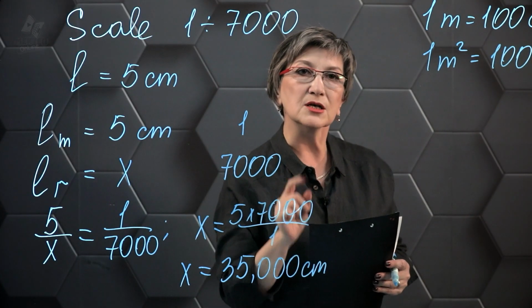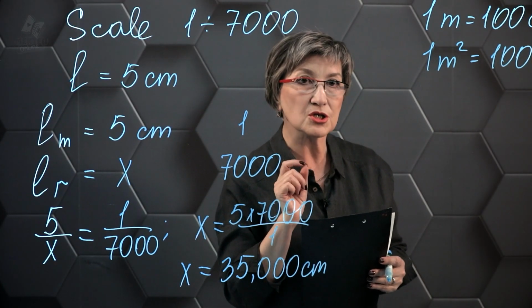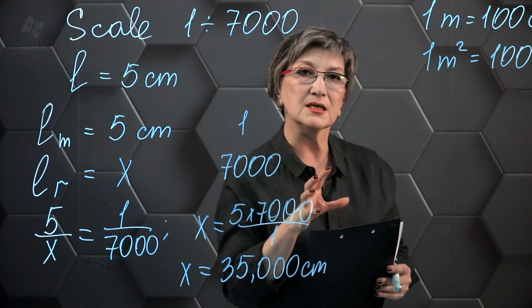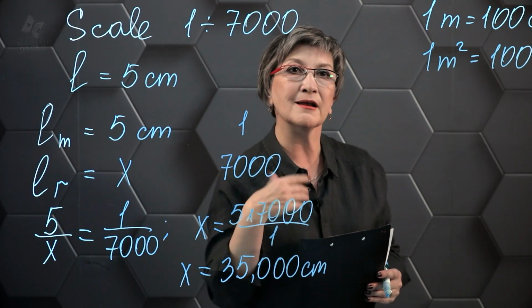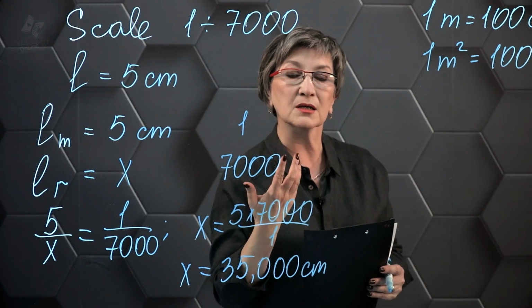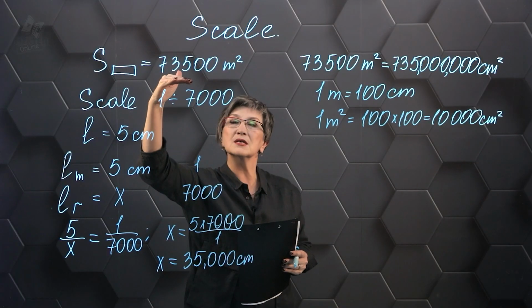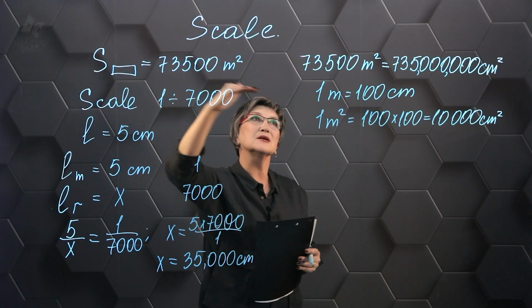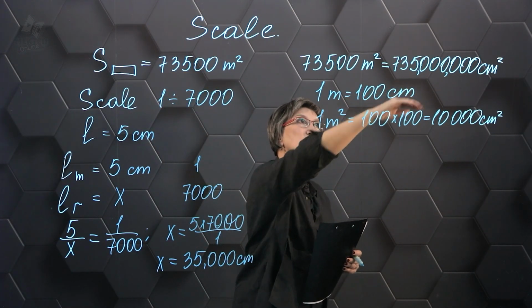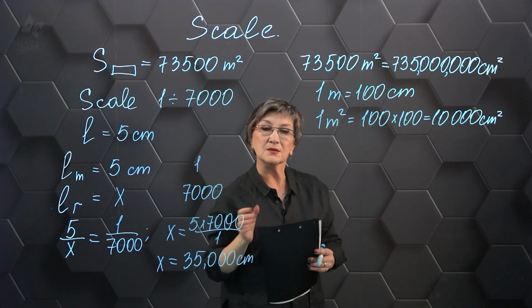But we need to find the width of the rectangle in the drawing. In order to find the width of the rectangle on the drawing, we need to know the actual width. We know how to find the real width if we have an area of 73,500 square meters or 735 million square centimeters.